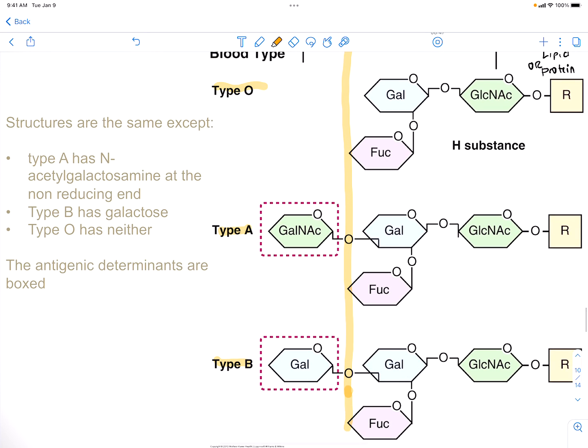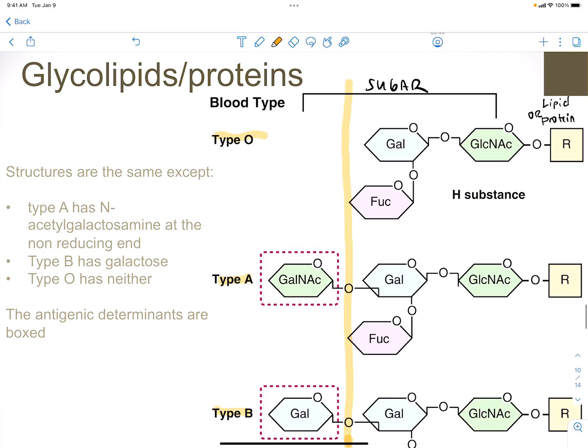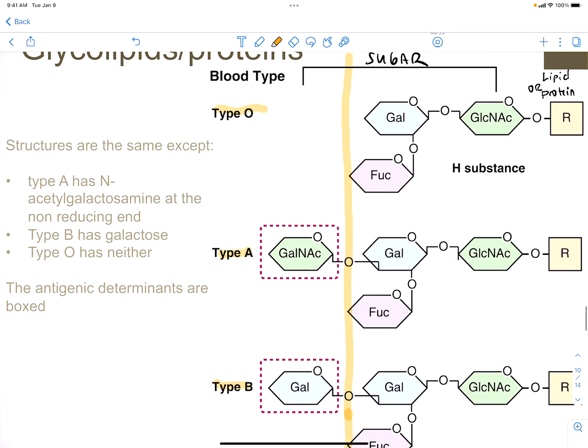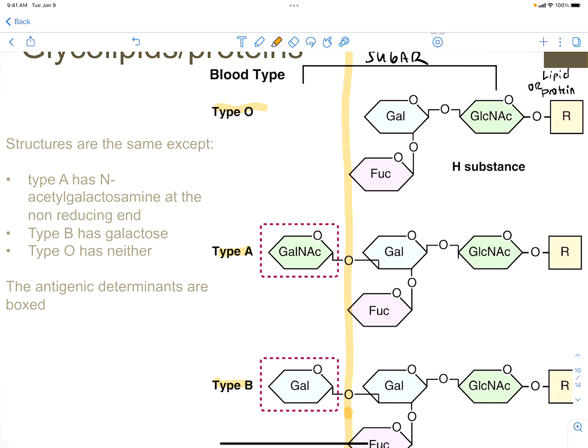They all have N-acetylglucosamine, galactose, and fucose, so that is the same. The difference is in type O, you have no sugar attached at this outer portion. In type A, you have N-acetylgalactosamine. And in type B, you have just a galactose. This is all it takes to get rejection if you mix up the blood types.